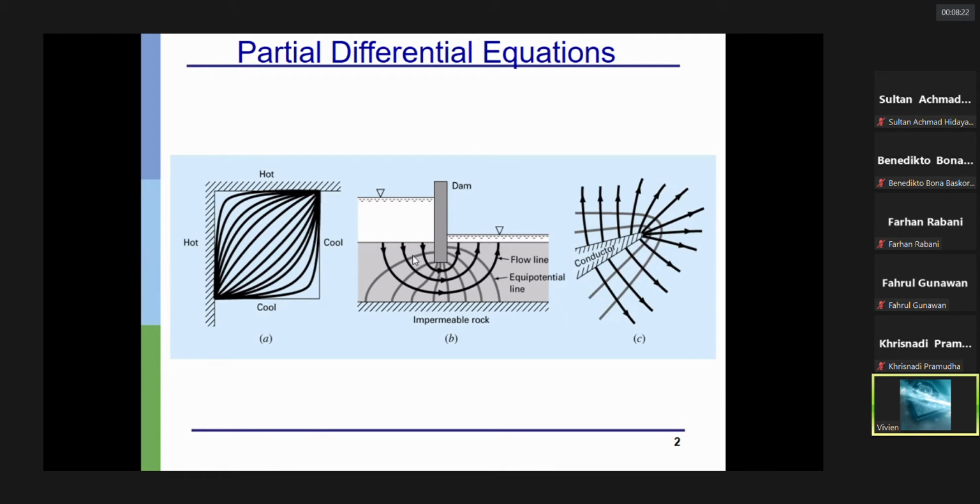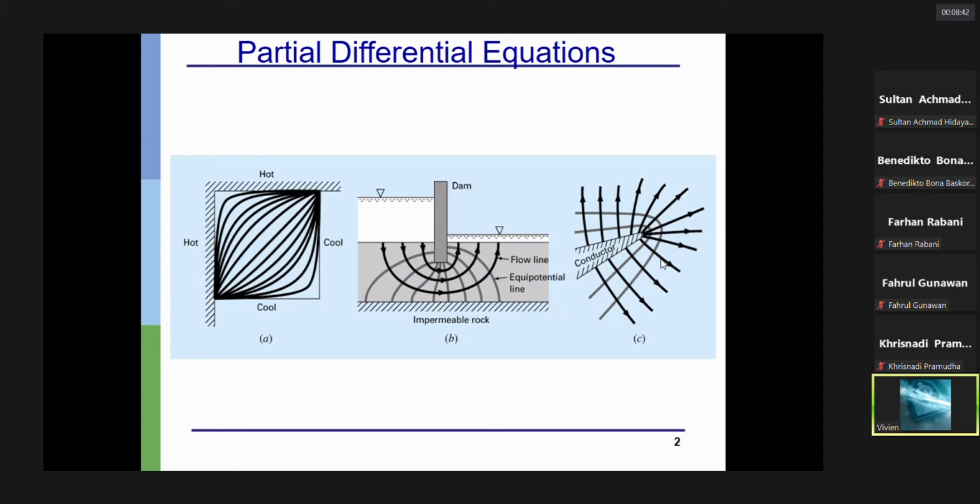Here we have the flow line and the equipotential line. As we learned in fluid mechanics, we have the streamline and the potential line. This is also a case of partial differential equations.